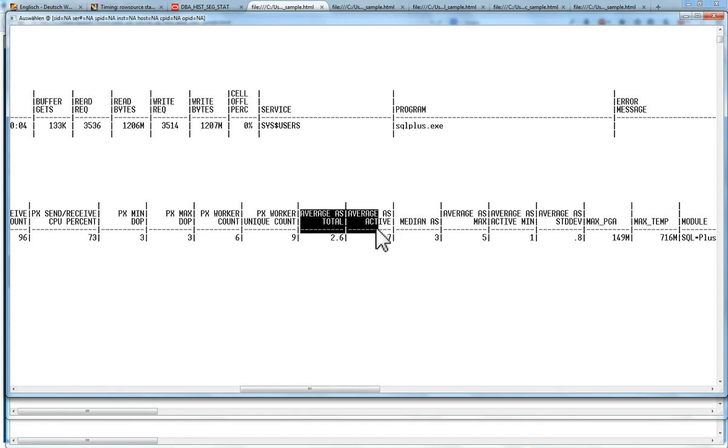Then, since averages typically suck, so you know that you have to be very careful with averages, therefore I provide here also the middle value. So you can tell from a significant difference between the average and the middle value that you will have to check the details that will follow further down the script output.